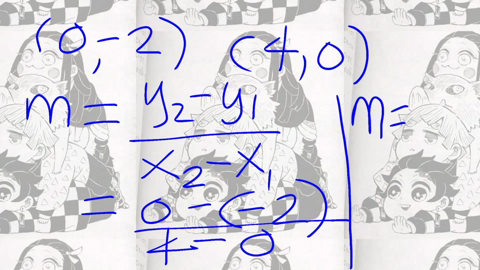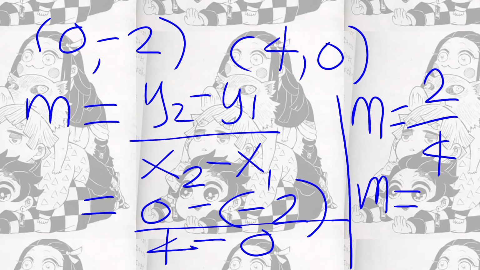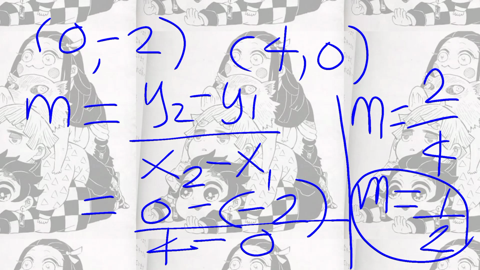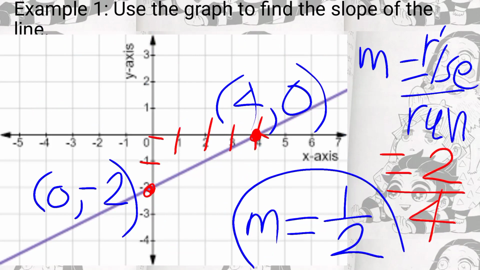What is 0 minus negative 2? That is positive 2. On the denominator, 4 minus 0 is 4. Then reduce it to its lowest terms, that is 1/2. Therefore, we got the correct slope based on the graph. So going back here, again, you need to count the number of rise and the number of run.